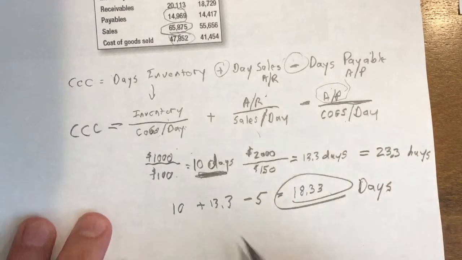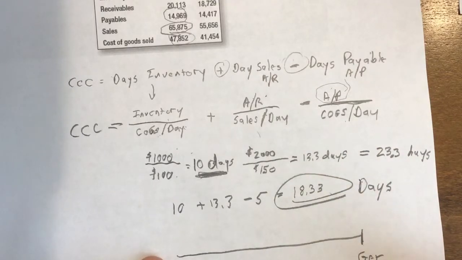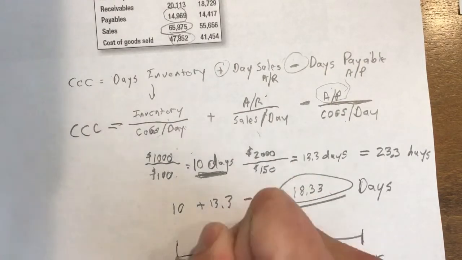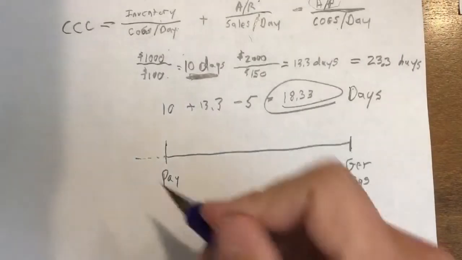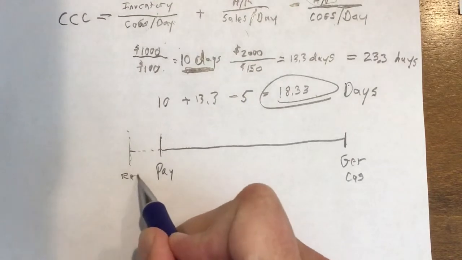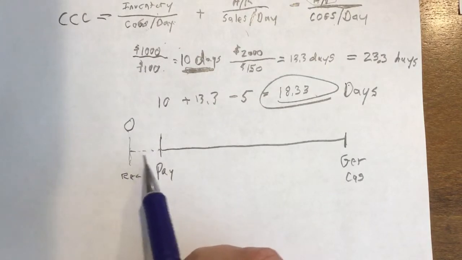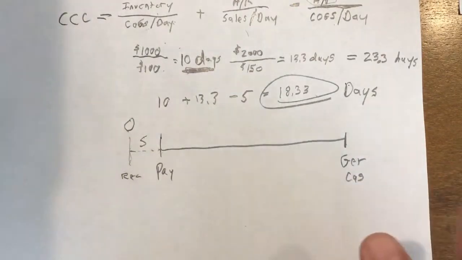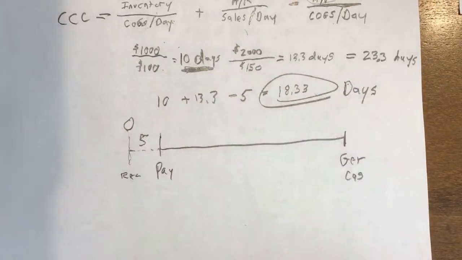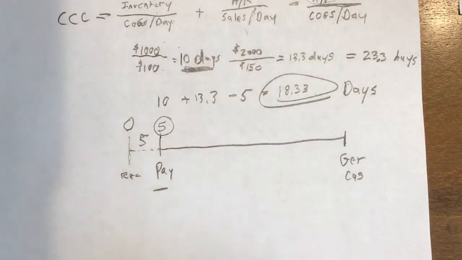So when you think about it, you get cash from the customer, you pay for inventory, then, I'm using a dash line here, you actually receive the inventory, let's say on day 0, but in my example there's 5 days here where no cash went out the door. You got the inventory, but didn't have to pay anything. But then on this 5th day, you had to pay out the money.